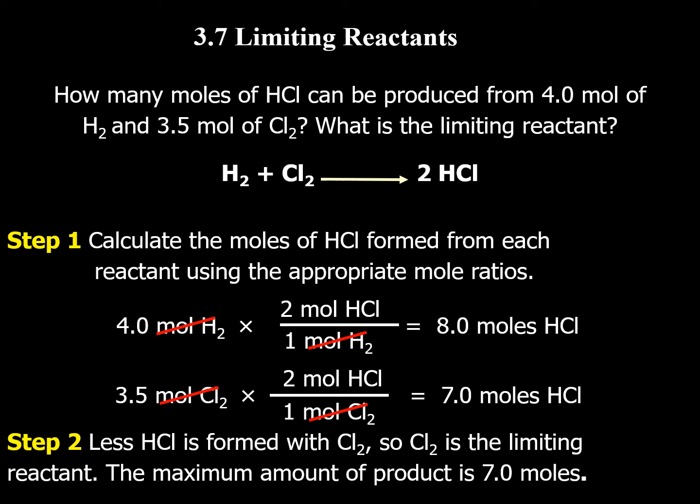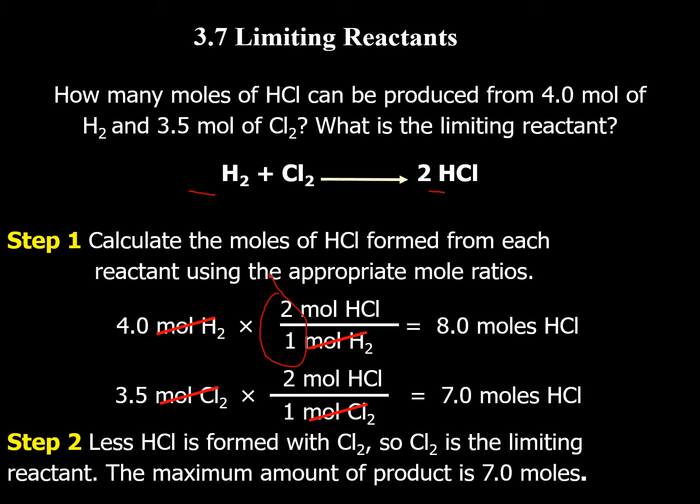Here we have 4 moles of H2. We want to figure out how much HCl we can make. So 4 times 2 divided by 1. Where did I get this 2 and 1 from? That's from our balanced chemical reaction, 2 here for every 1. So when I multiply out 4 times 2 divided by 1, it gives us 8 moles of HCl.